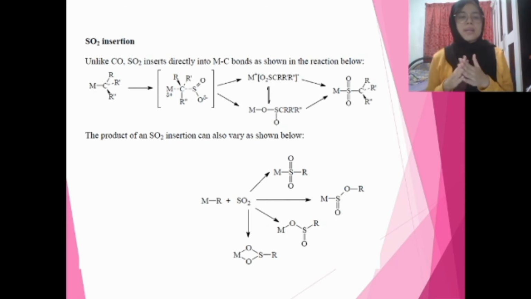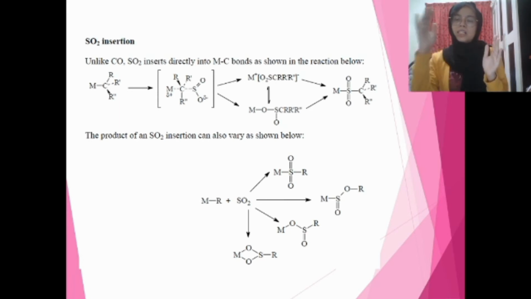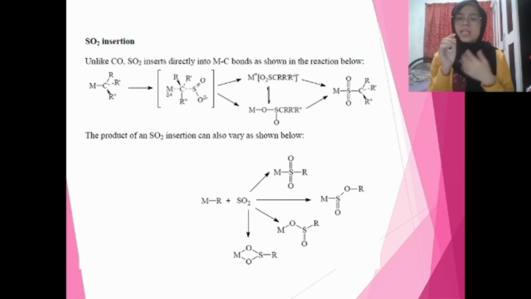For example, metal and carbon are alkyl, and the SO2 will be bonded between the metal and the alkyl carbon. It is between the metal and carbon group, as a double bond O.